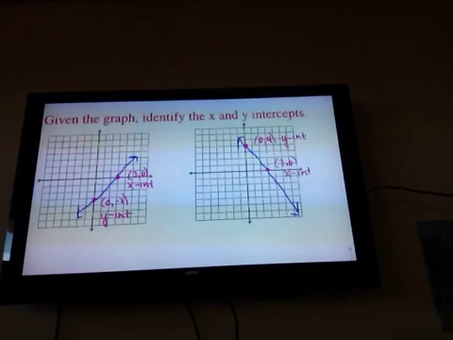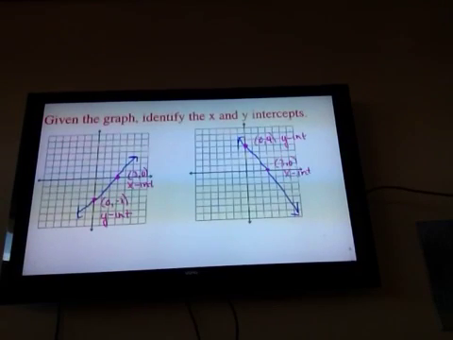Okay, so looking at a line, be able to find the x- and the y-intercept. The x-intercept, where it's crossing the x-axis. The y-intercept, where it's crossing the y-axis. Mathematically, you could use the word intersecting. Okay, the x-intercept is where it's intersecting the x-axis.